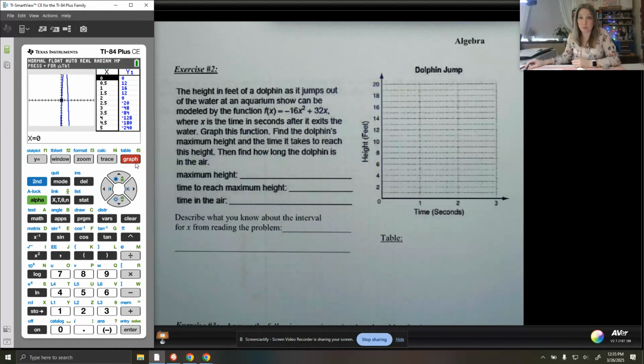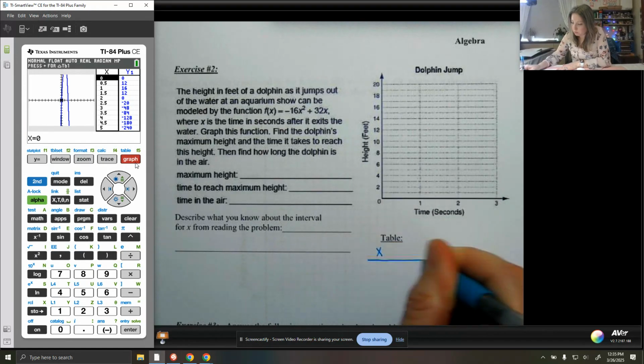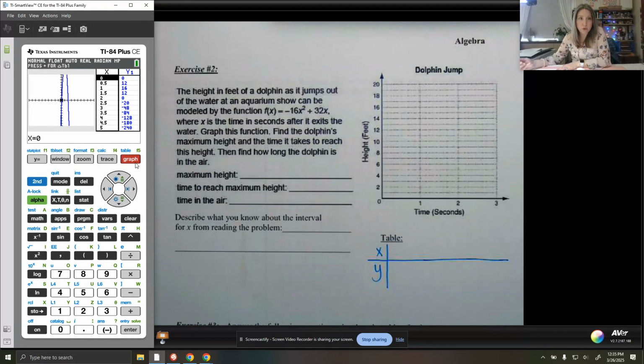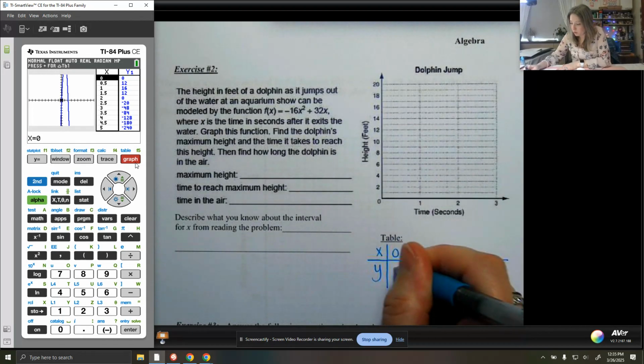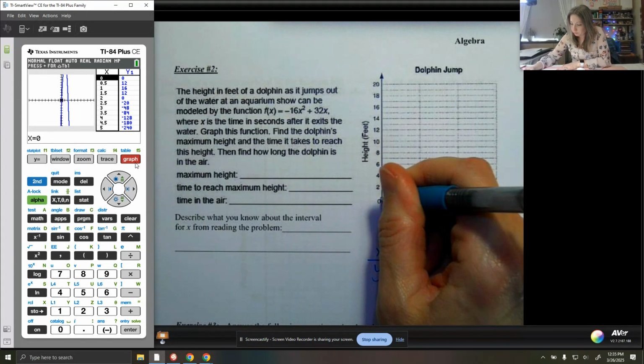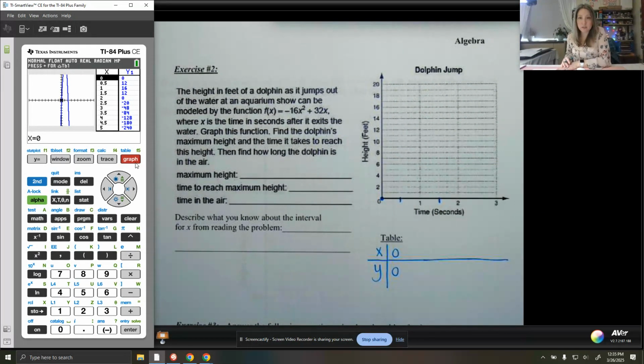This is a tall jumping dolphin. All right, here's where my table is going to go. I'll just put my table horizontally, and I will include these half points. So (0, 0), of course, no time, we're still at the water. Let me sketch in my half seconds.